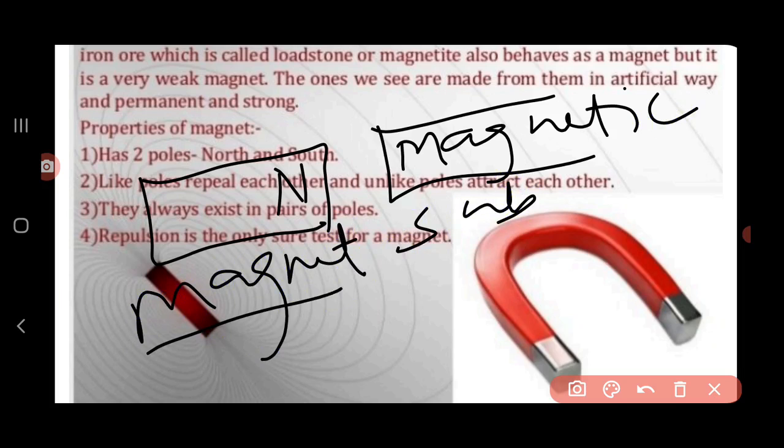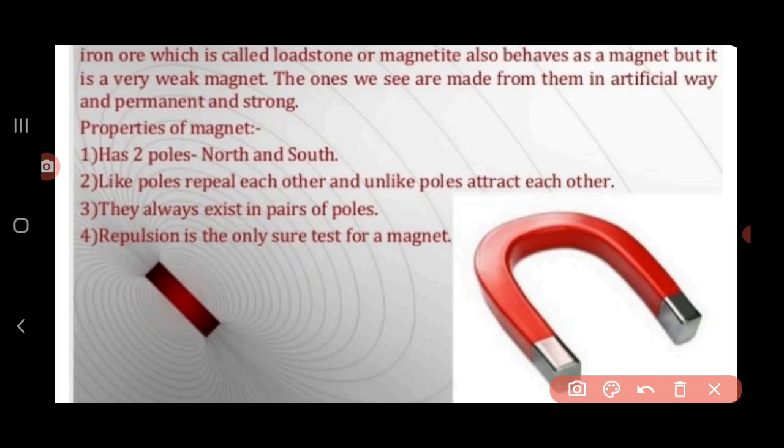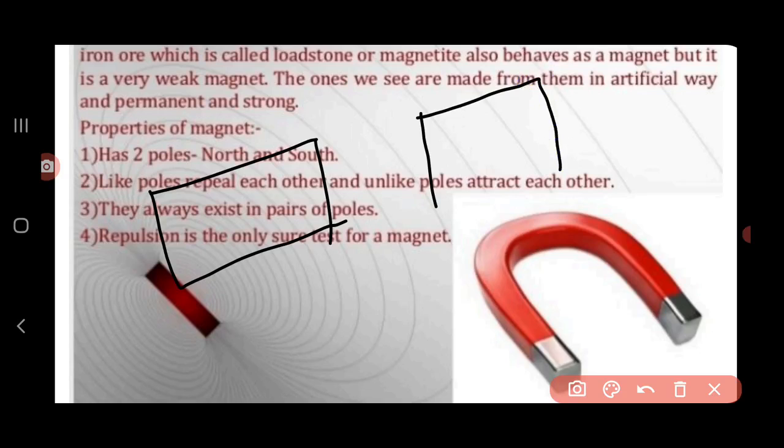Now, magnetic field and magnetic field lines. So, what is magnetic field? Magnetic field is the region around the magnet within which force of attraction or force of repulsion can be detected.